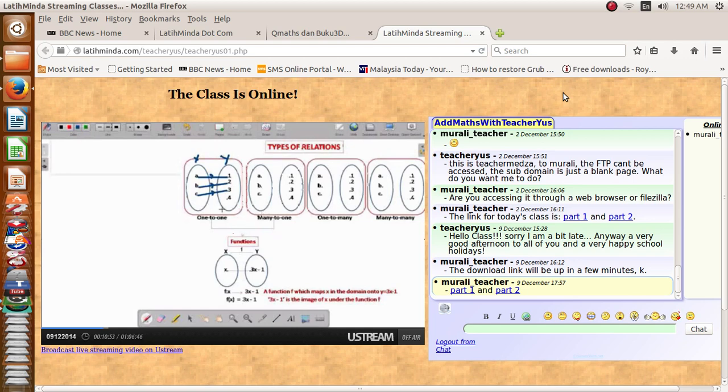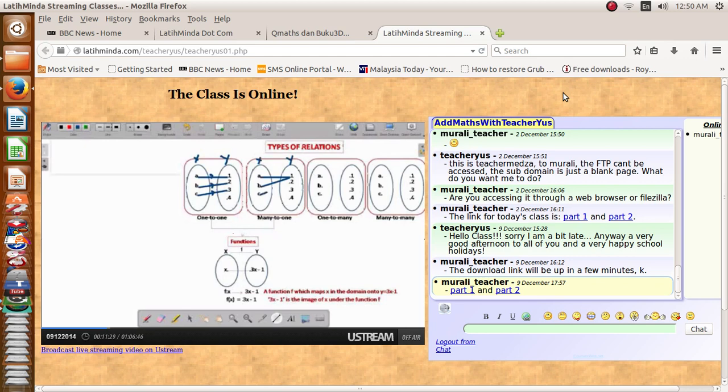Now, coming back to types of relation, the second type is many to one. Let's draw many to one. Many to one means many from the domain side, many from this X set, going to Y. So A can go to 1, and at the same time B also goes to 1.